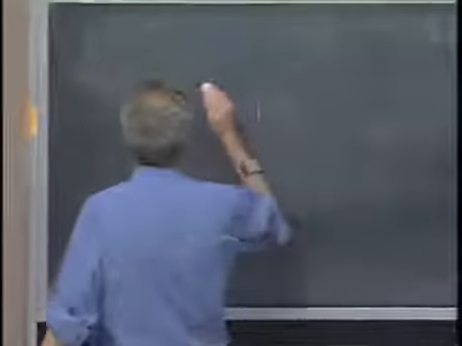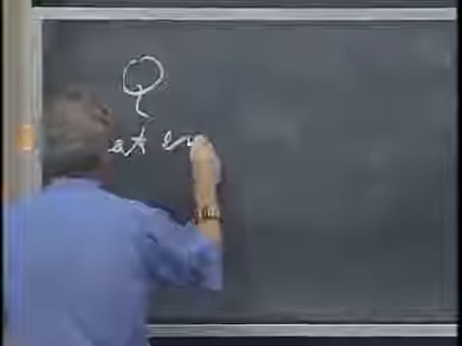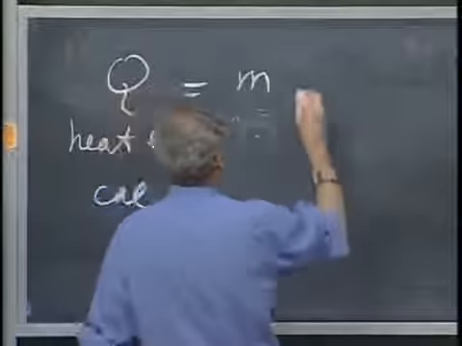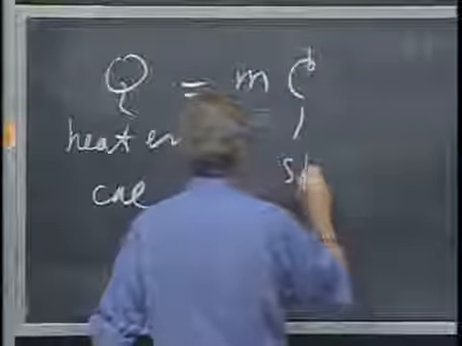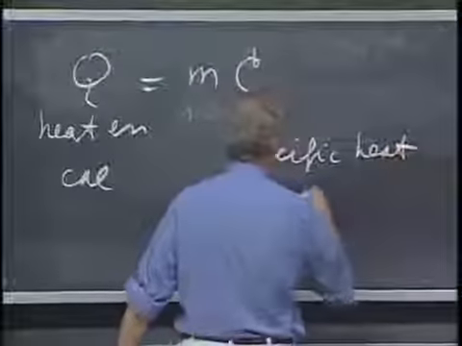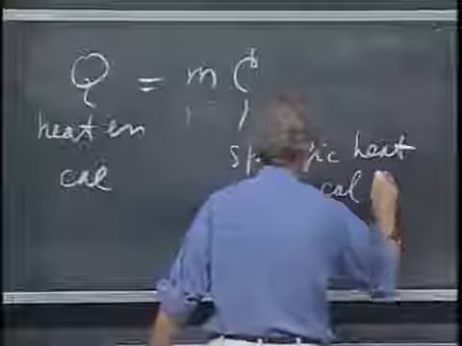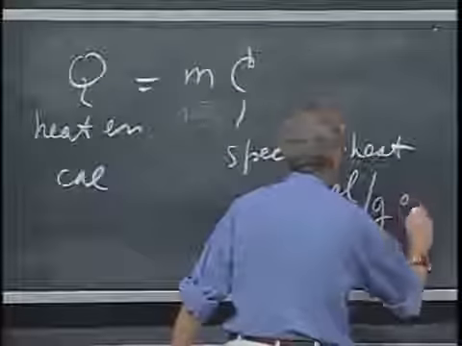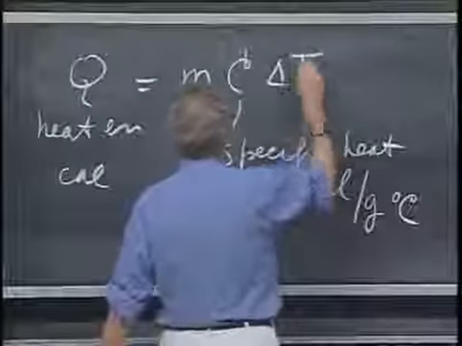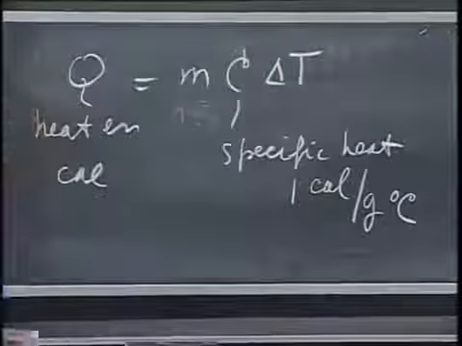And so in general we can write that Q, which is heat energy, in calories, is the mass of the object times the specific heat, which for water would be 1 calorie per gram per degree centigrade, times the temperature increase that we apply.